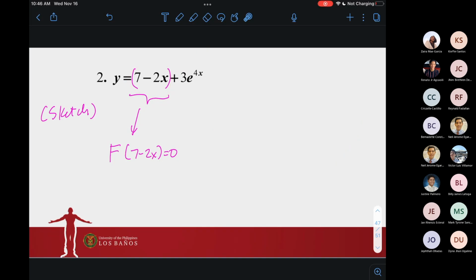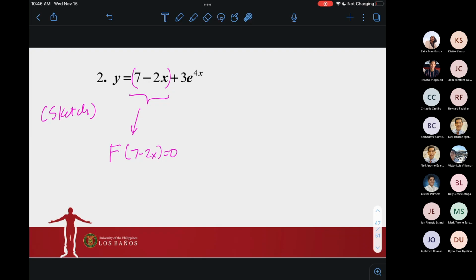Jen Rensis, can you further specify that? I'm guessing you are on the right track, pero ano yung exact term? Paano ko dapat i-differentiate si 7 minus 2x para ang sagot ay 0? Siguro masyadong nag-overthink na naman kayo, ano? Kailan nagzi-zero ang derivative ng isang linear function?